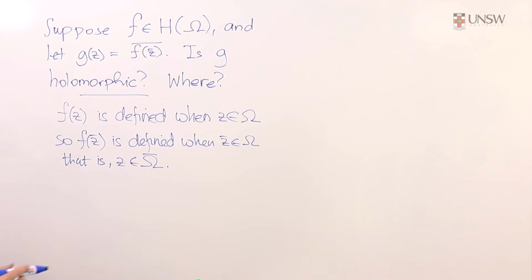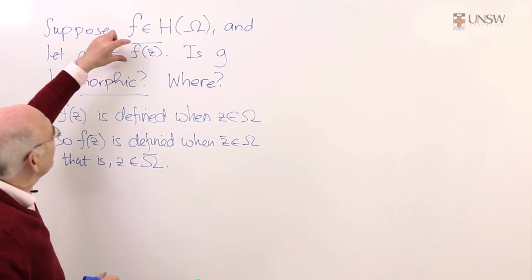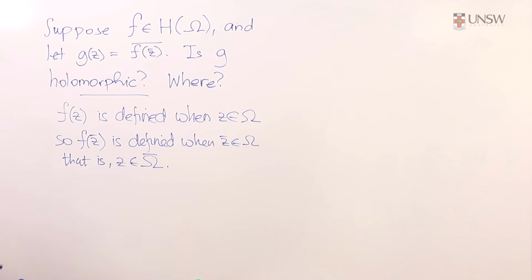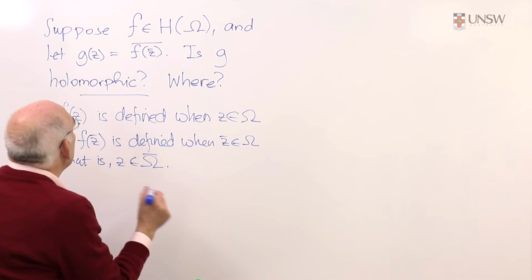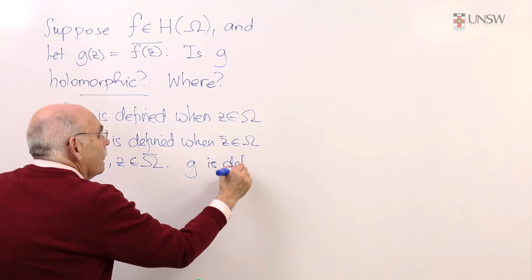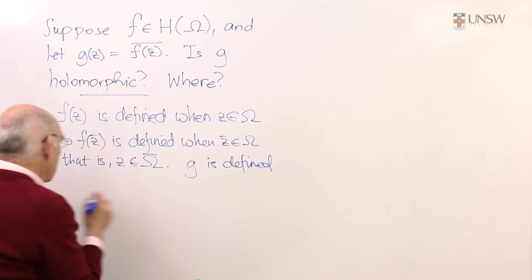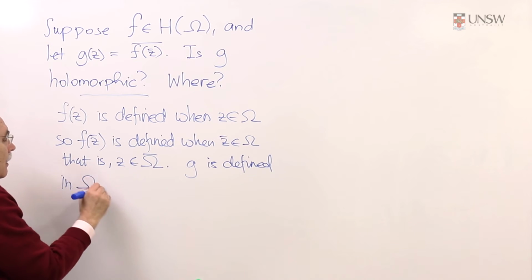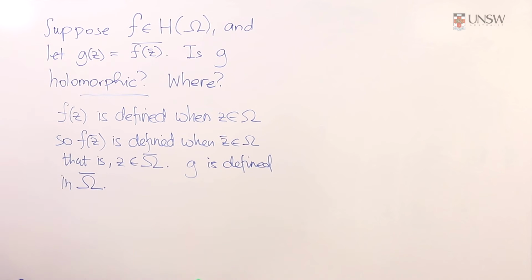So if f of z bar is defined, then so is f of z bar, all bar. So g is defined in omega conjugate. So that's the where bit taken care of.